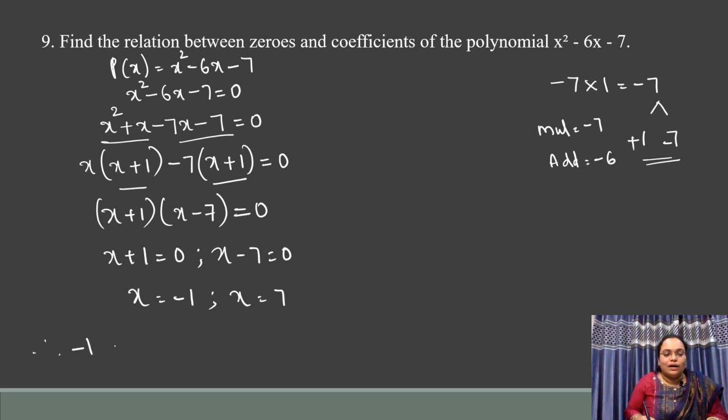Therefore, −1 and 7 are the zeros of the given polynomial.